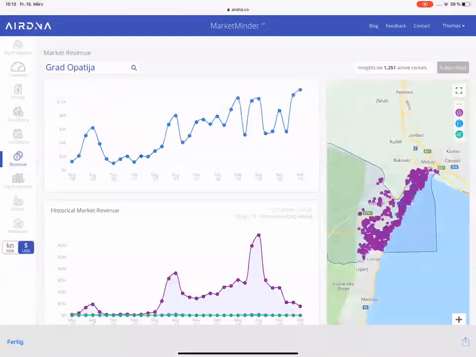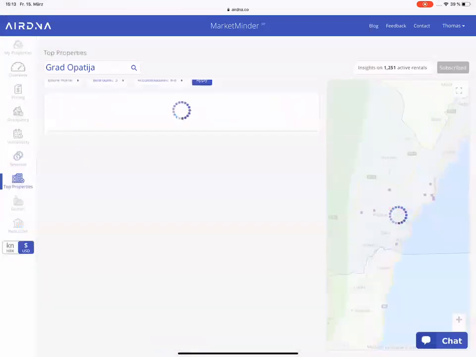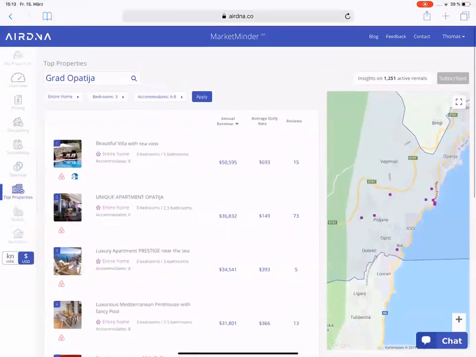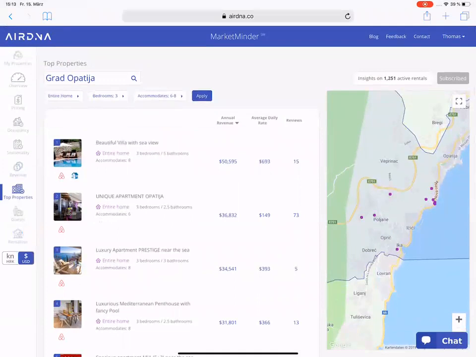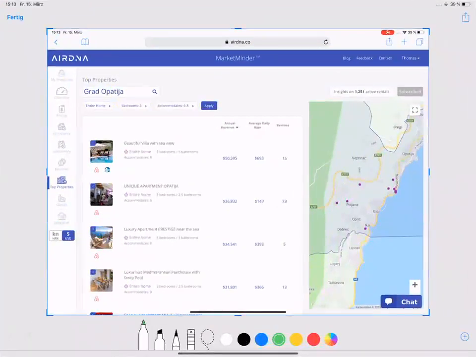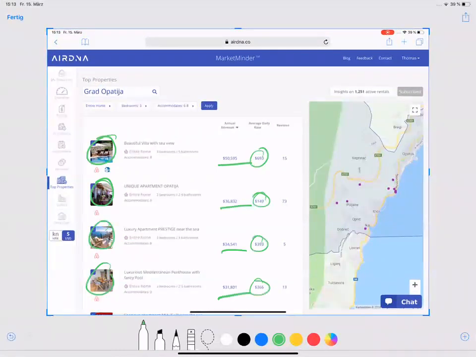But that's not everything. What I also find very interesting is this chart here, because it gives you an overview of the properties you are competing with. It shows you the properties that are in the same category as you, the revenues they were making in the last year, the average daily rate they charged, and where they are exactly lying.